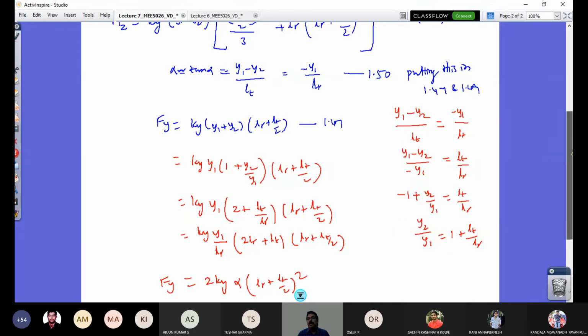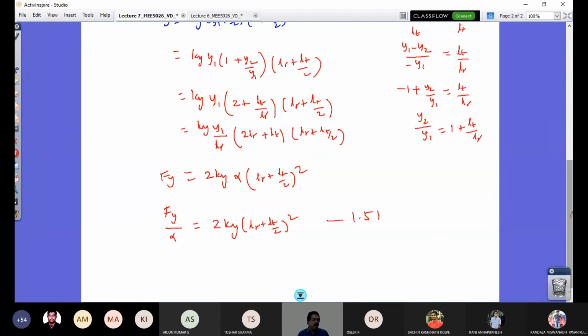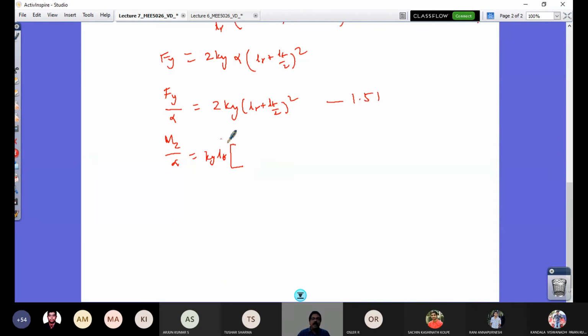So by substituting again this expression 1.50, I can rewrite this Mz by alpha as Ky LT within bracket, LT by 2 whole square by 3 plus LR into LR plus LT by 2. So that is the expression that I get, which is 1.52.